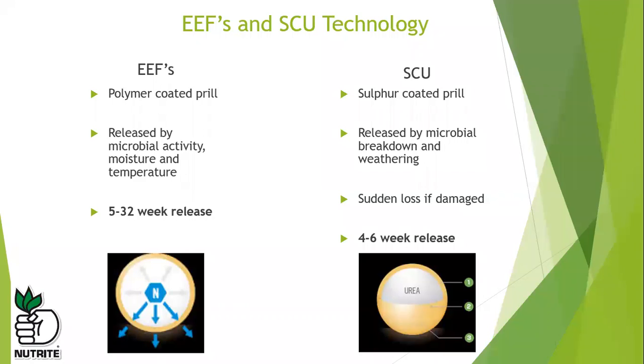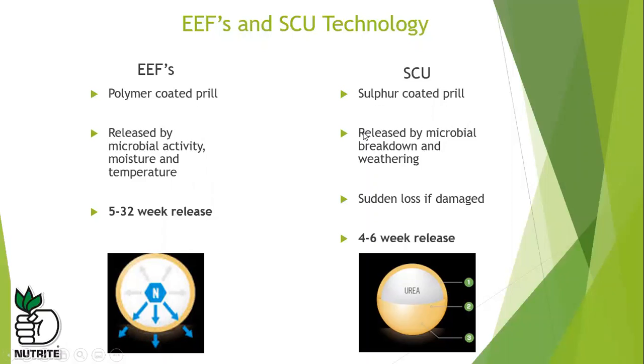Let's look at a comparison of the enhanced efficiencies and the SCU technology. On the left, you have your EEF, or a polymer-coated prill released by microbial activity, moisture, and temperature. And as I showed on the previous chart, anywhere from a 5 to a 32-week release period. The SCU, which is an old standard we've been using for decades, is a sulfur-coated prill.